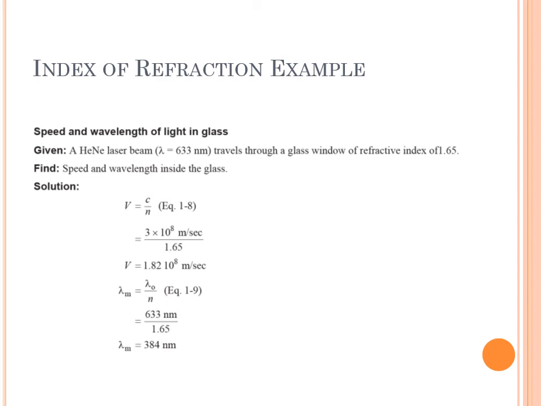So I take the 633 nanometers and divide it by 1.65, and I say that my wavelength in this piece of glass is 384 nanometers.